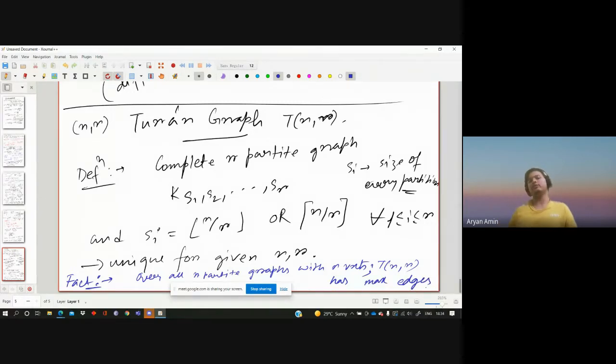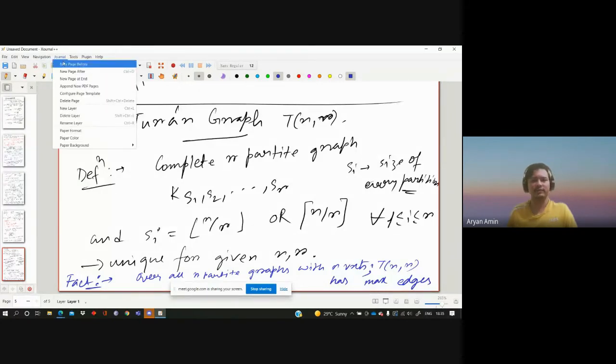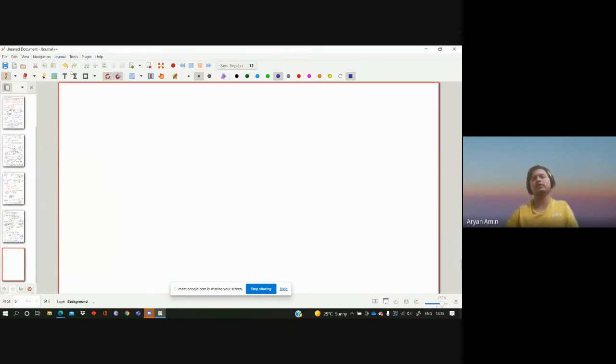You can try to prove this using AM-GM or something like that. It is not very interesting, so I'll leave it to whoever is attending. So what we did was guess that for K_{r+1} avoidance, the Turán graph is optimal.